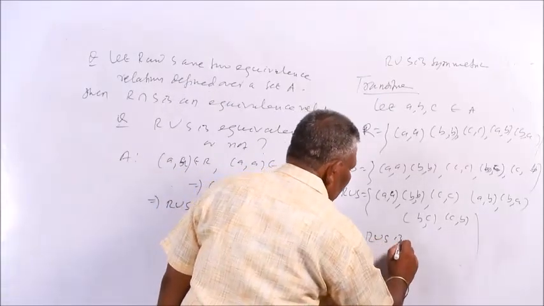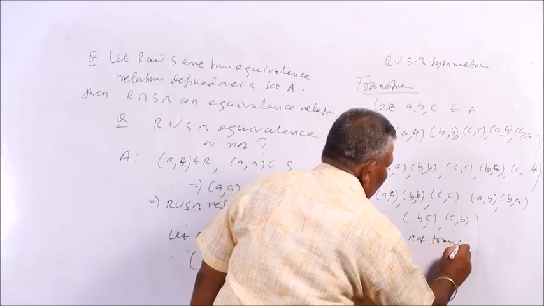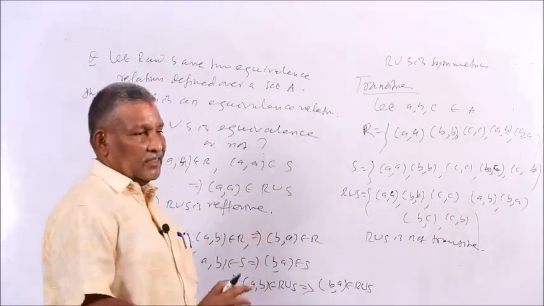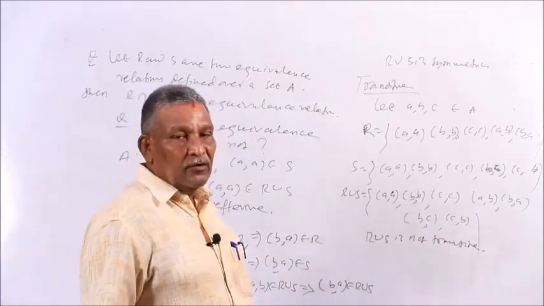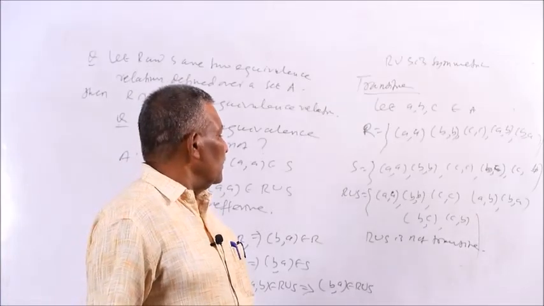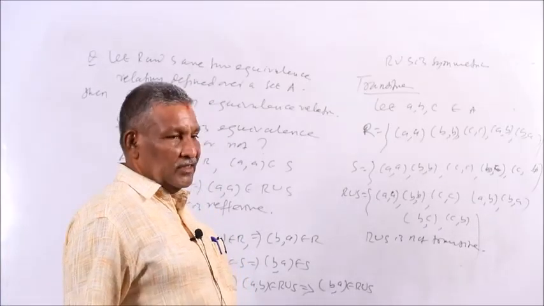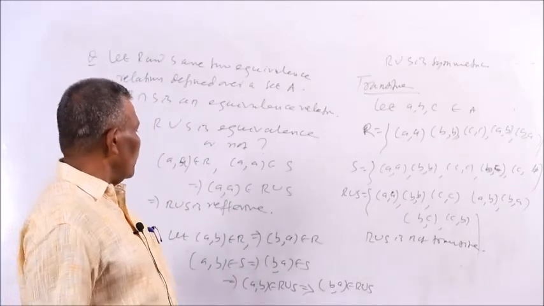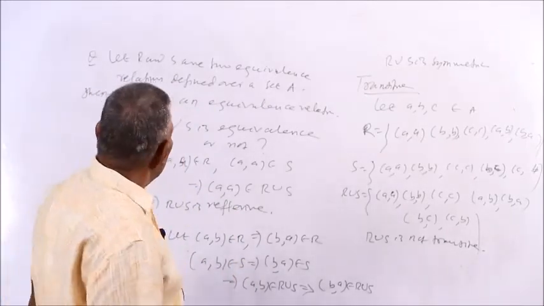Therefore, if R and S are equivalence relations, their union is not necessarily an equivalence relation. It will satisfy only two properties, reflexive and symmetric.